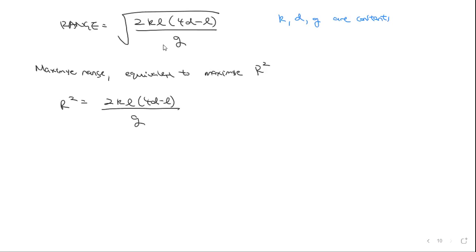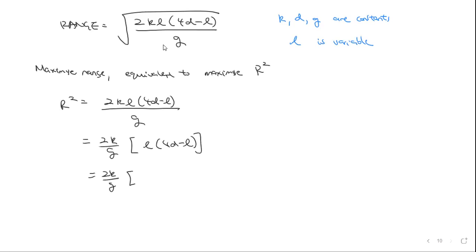That's a constant. g is acceleration due to gravity, again a constant, but L is the variable. It's the only variable. So keeping that in mind, we can take out the constants. That's not really a concern. You've got L times 4d minus L.